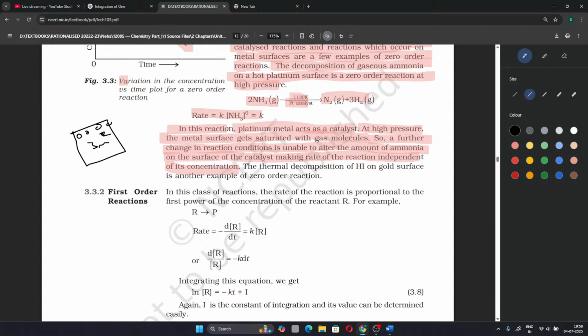The ammonia molecules get concentrated on the metal surface, and at some concentration of ammonia, the whole metal plate is completely filled to the brim with ammonia molecules.